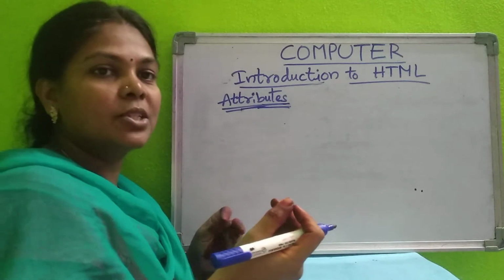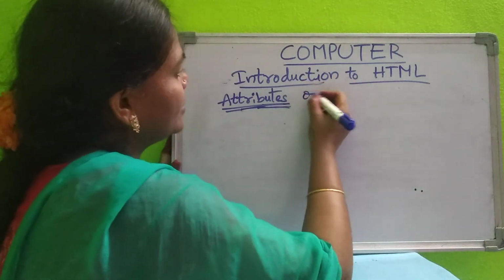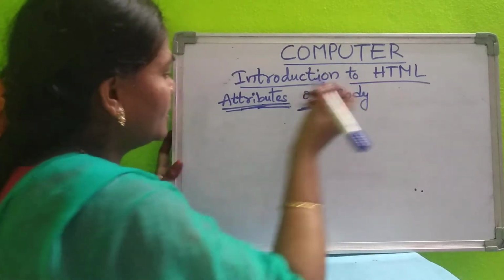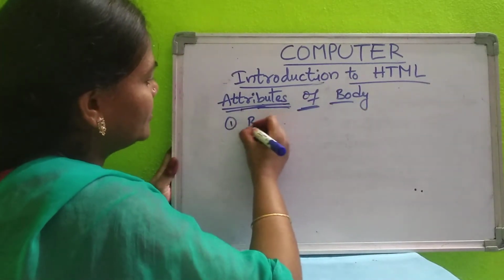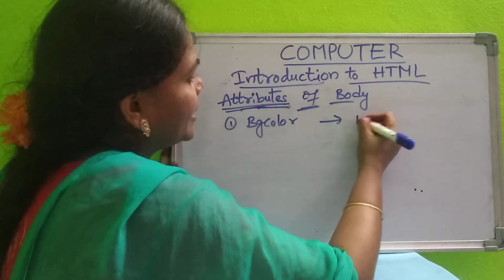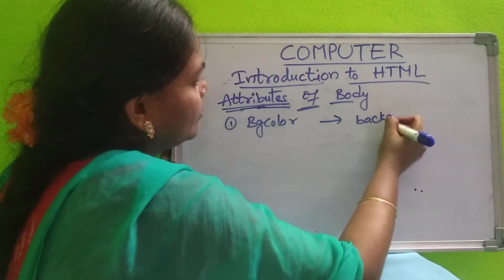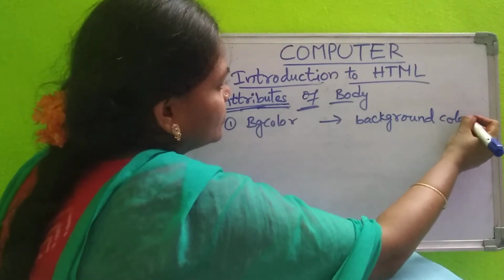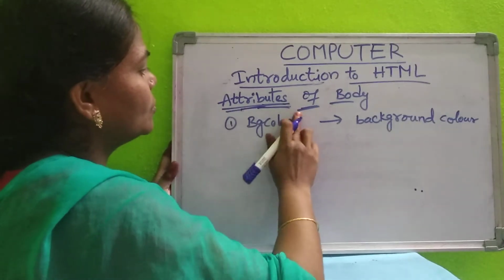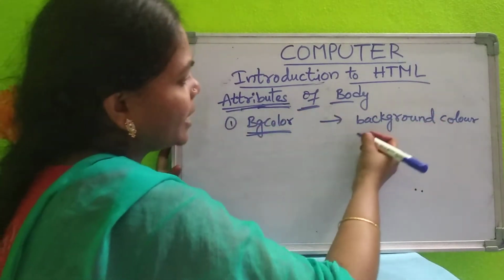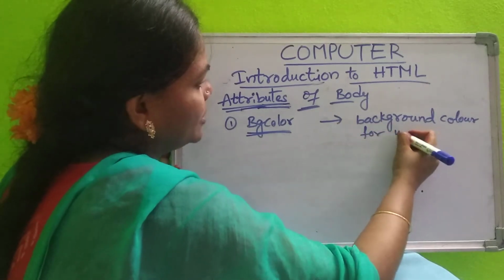So among the attributes of the body element, the first one is BG color. It gives the background color for the web page. Here there is no U, only COLOR.